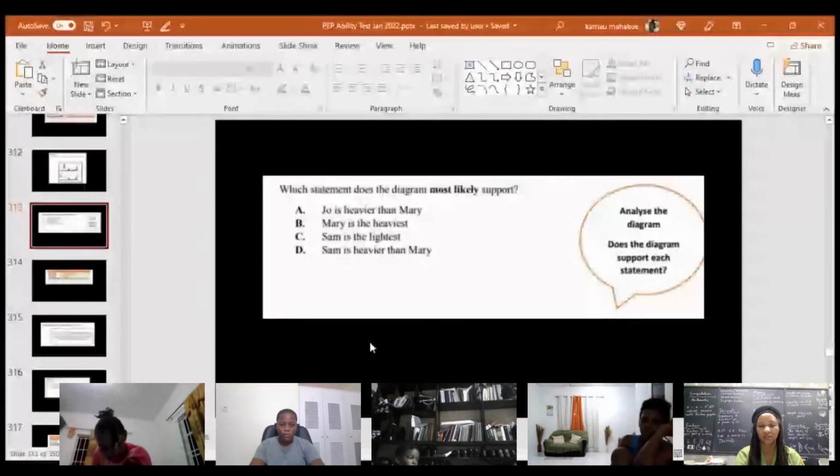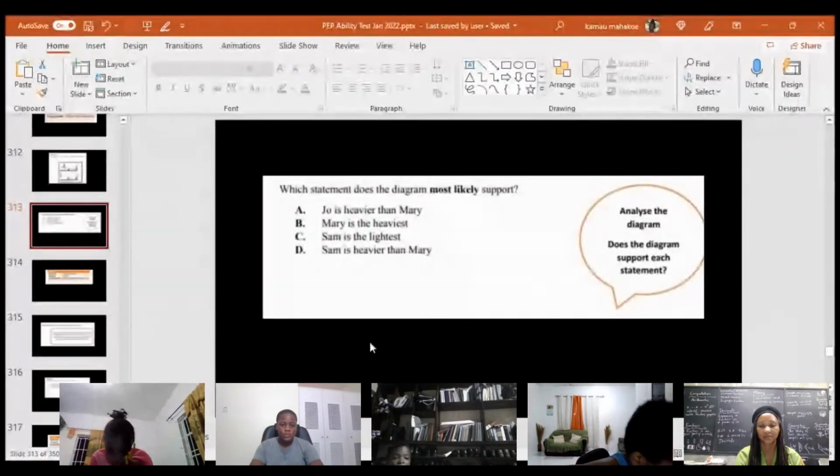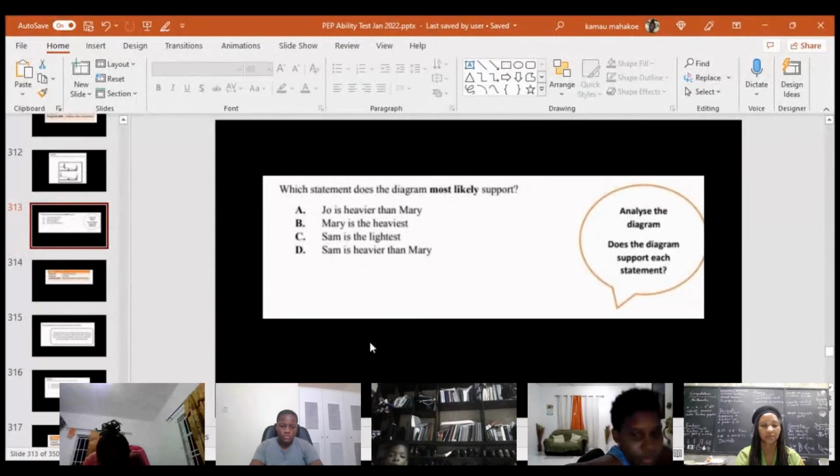Okay, miss. Analyze the diagram. Does the diagram support each statement? Which statement does the diagram most likely support?